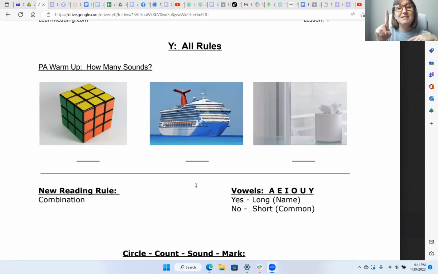Sounds in tissue are t, I, sh, oo. 4 sounds. T, I, sh, oo.